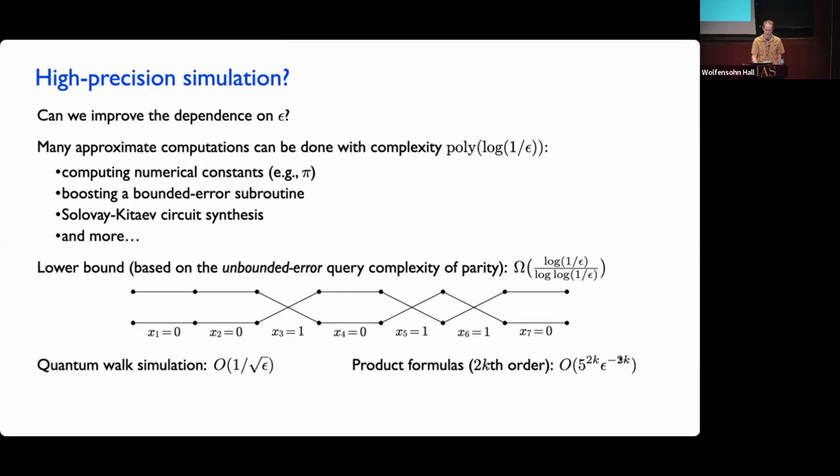But this is still not achieving log 1 over epsilon. In practice, because of this exponential factor, the best you can hope for is something like this for some large but constant value of k, which scales polynomially in 1 over epsilon. Whereas the question is, can you get close to this lower bound, where the scaling is like log 1 over epsilon?